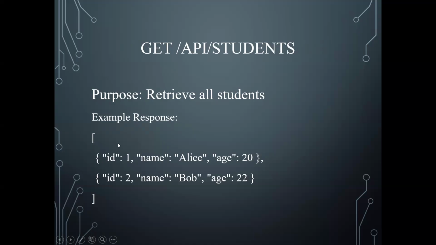The response is we are getting two records here. First one, ID of the student 1 and name Alice and age equal 20. Then second one, ID 2, name equal to Bob and age equal 22. So it is a type of array in JavaScript that represents records. So here we have two records we have retrieved from the database server.